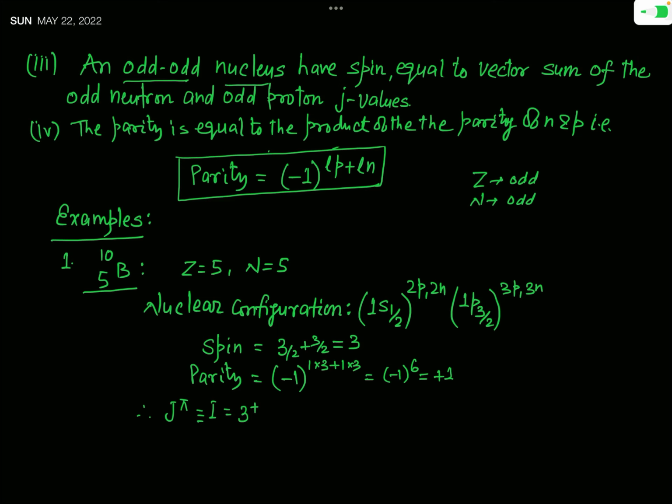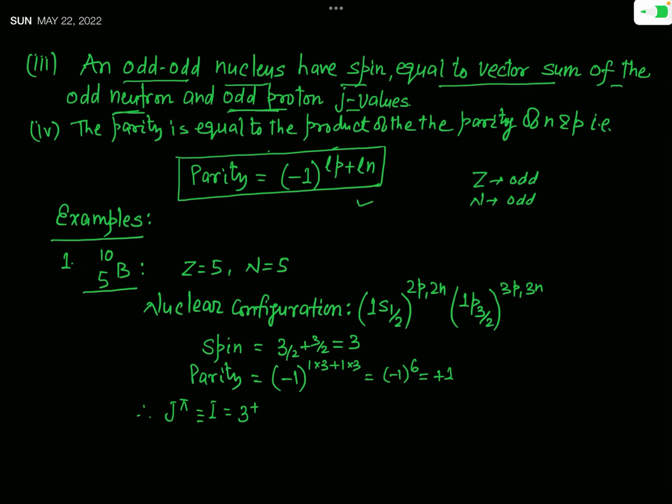An odd nucleus has a spin equal to the vector sum of the odd neutron and the odd proton. If you add the angular momenta of the odd neutron and the odd proton, you will get the total angular momentum J. Okay, so let us illustrate this rule by the following example.